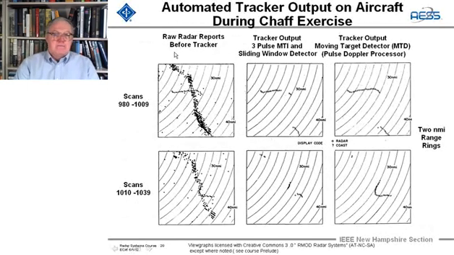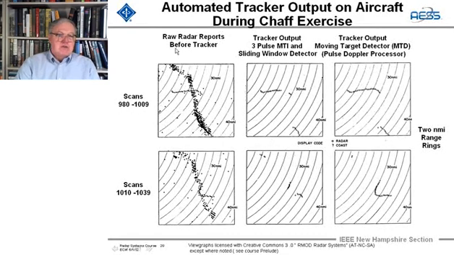Now, here is where the proof is in the pudding of how well Doppler processing can deal with chaff. Here what we're looking at is the same time sequence in these three graphs and these three photographs, another 30 scans here and 30 scans here. And this was from scan 980 to 1009.